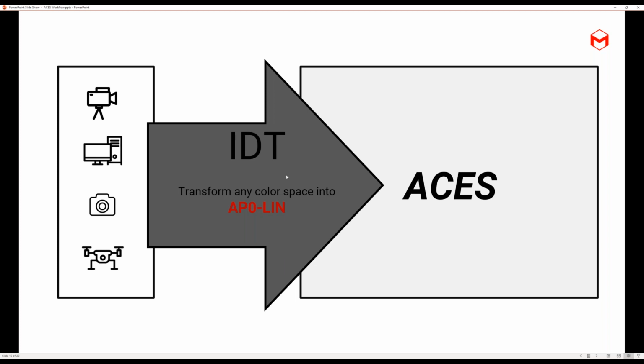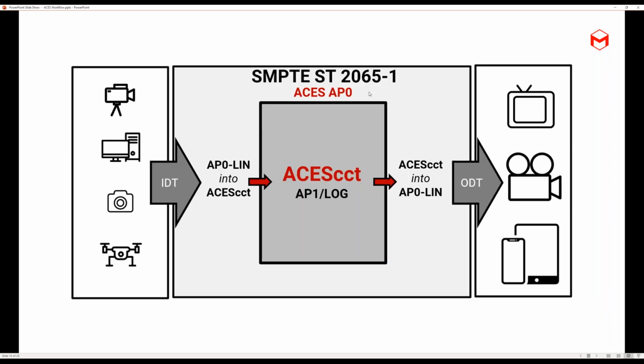From AP0, you then need to specify your working color space, the AP1 color space. In this case, since we are grading, we can select either ACEScc or ACEScct. Both ACEScc and ACEScct are AP1 color spaces, and they are log encoded. If you are in 3D, however, you can use ACEScg.